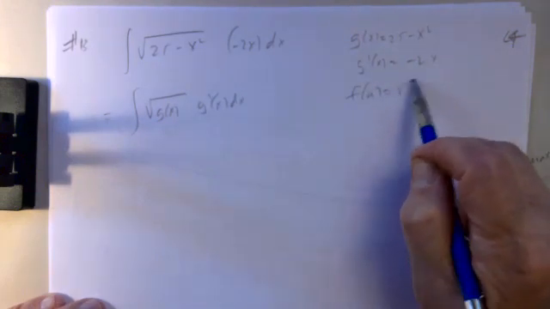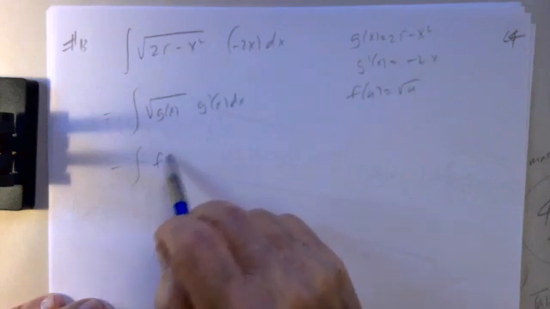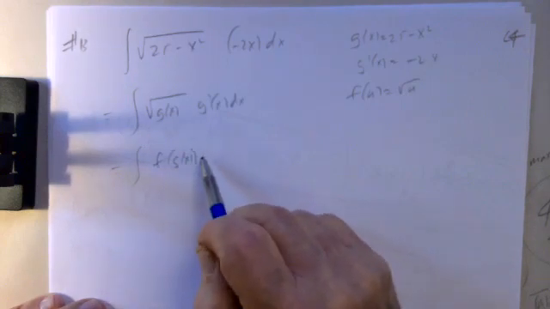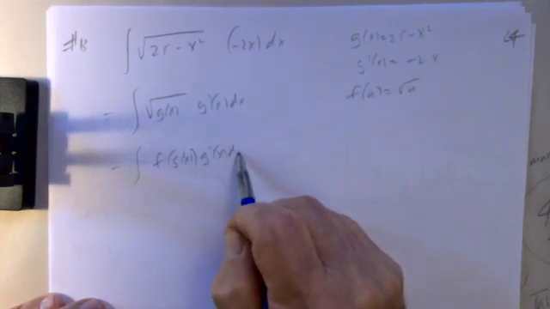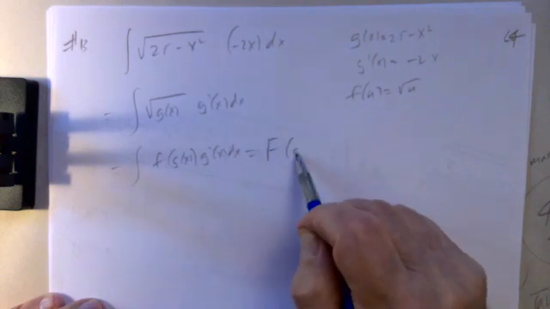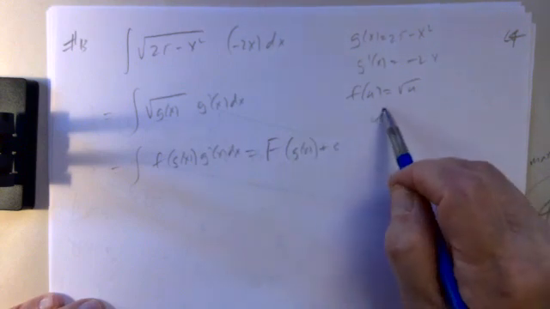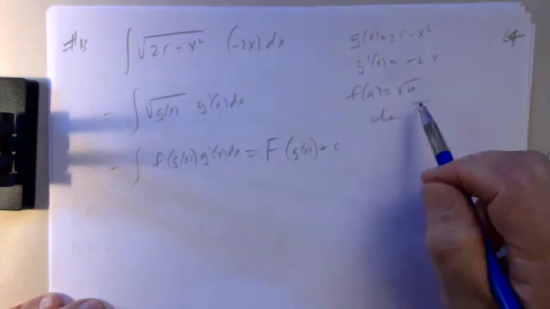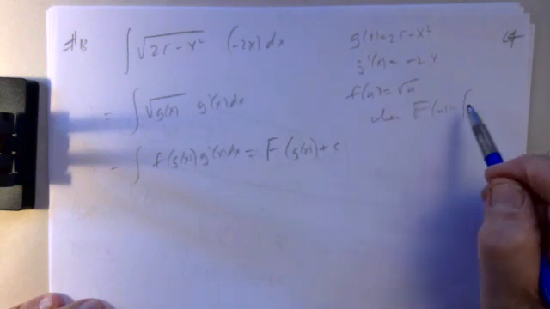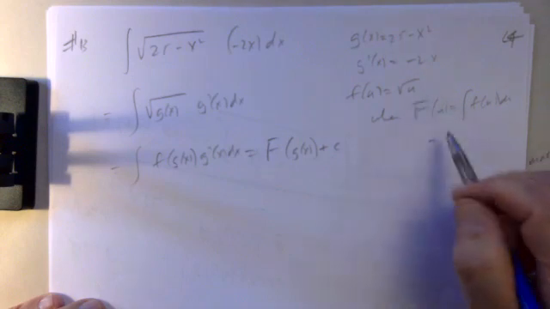And if we let f of u be the square root of u, this is the integral of f of g of x, g prime of x dx. And this is going to be capital F of g of x plus a constant, where capital F of u is the antiderivative of f of u. f of u is u to the 1/2.